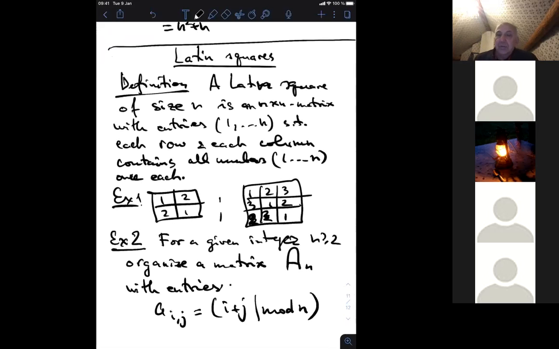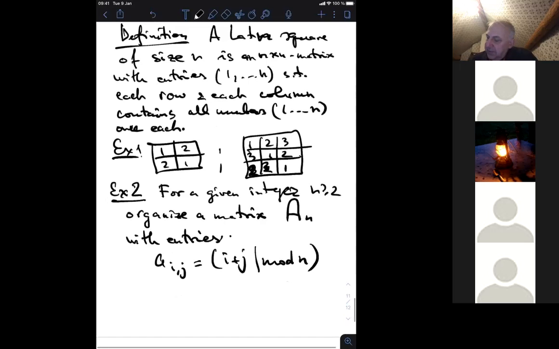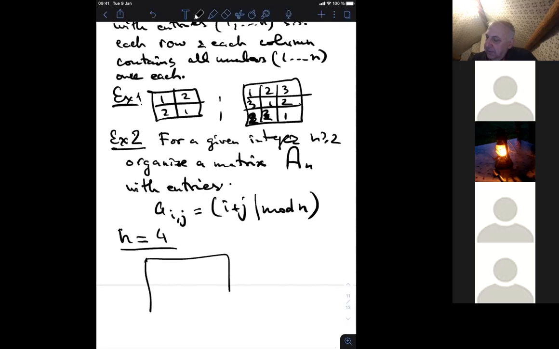If you do this, you'll get an example of a Latin square. Let's do that for size 4, so say n equals 4. Okay, i plus j mod 4. So if this is 1, 1, we should put 2 here, 3.